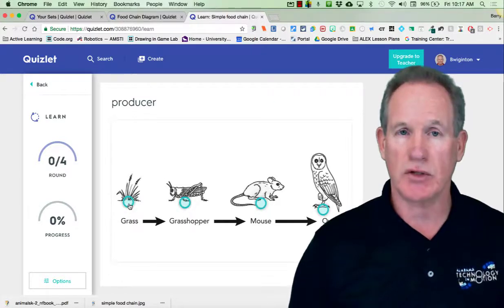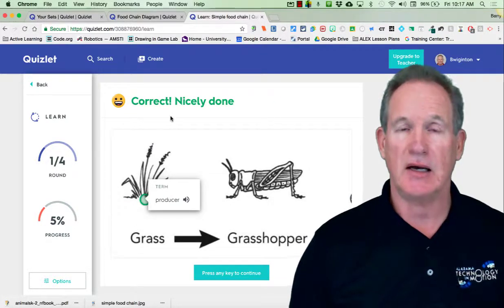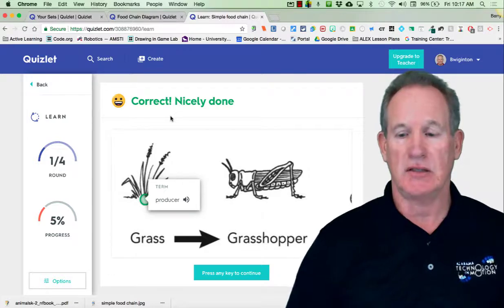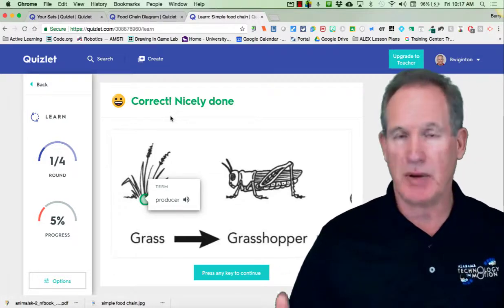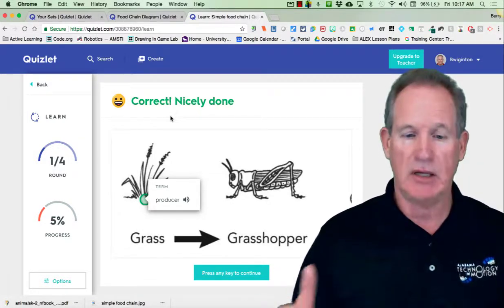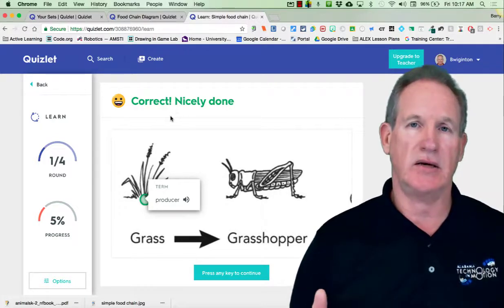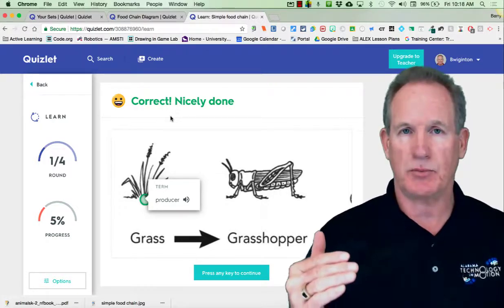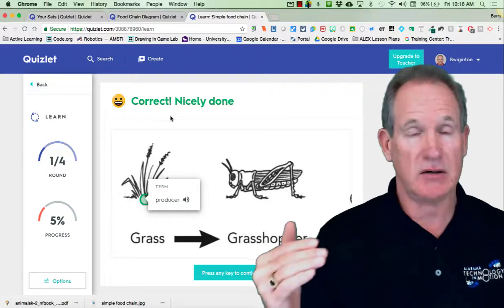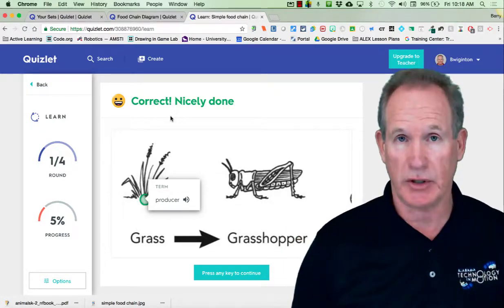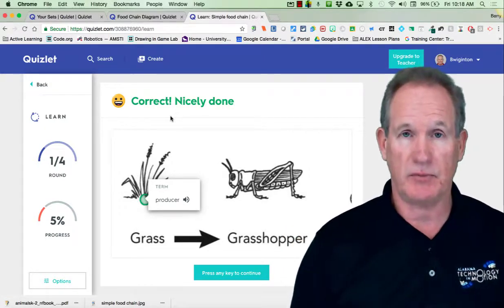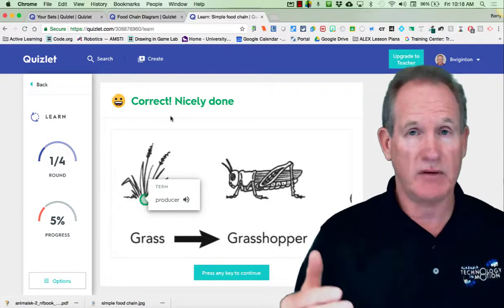And if students were to select this correctly, immediate feedback. So this is so much better than just the paper version of this diagram, because it is creating an activity where it is providing students with basically their own personal tutor and giving them formative assessment, formative feedback as they complete this.